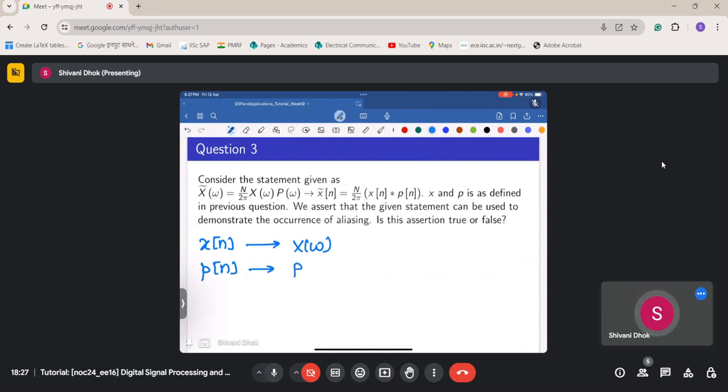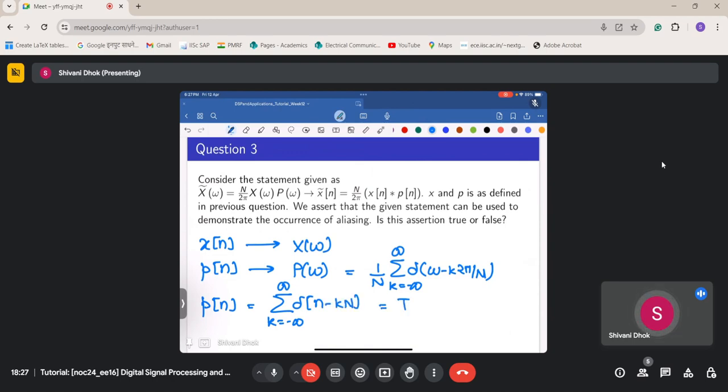P of n, we figured it out. This had a DTFT as P of omega, which we had obtained as 1 by n summation k running from minus infinity to infinity delta omega minus k times 2 pi by n, and this p of n was equal to summation k running from minus infinity to infinity delta n minus kn, which is a train of impulses.